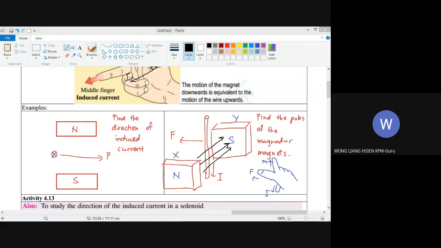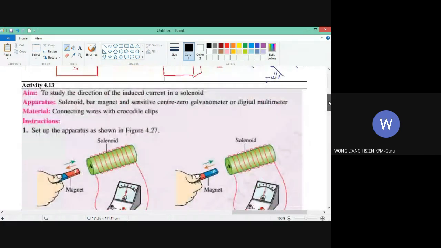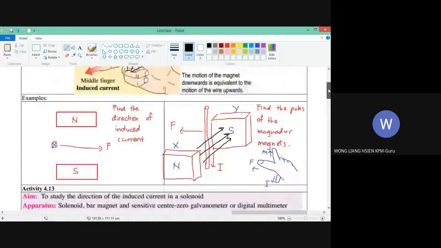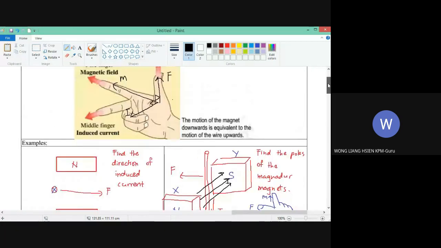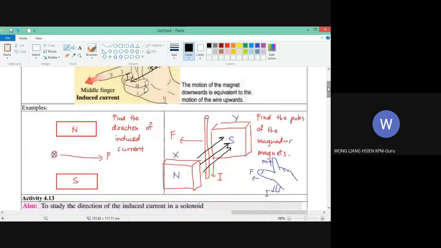Okay, all right, so next, now we already learned how to find out the direction of the induced current for a straight wire.